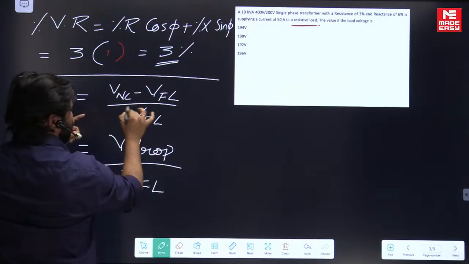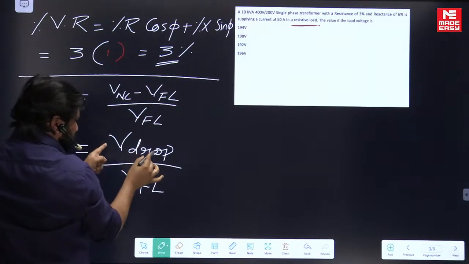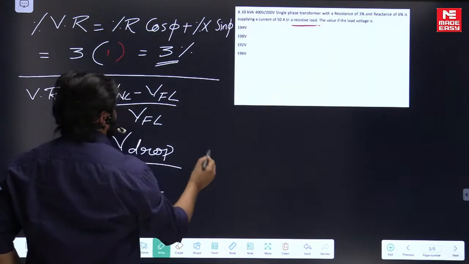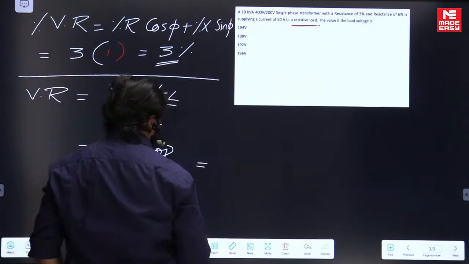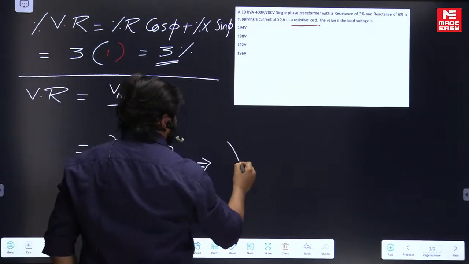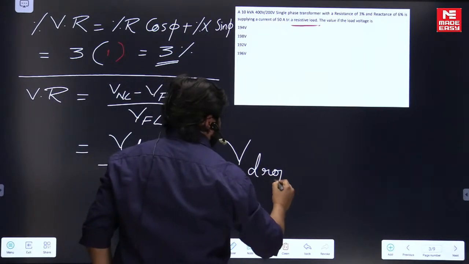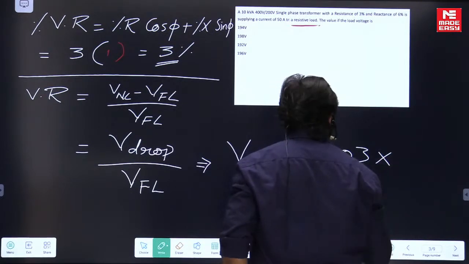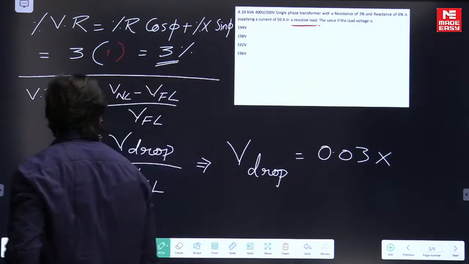No load voltage minus full load voltage is the voltage drop. So voltage drop by V rating is taken as voltage regulation. So this is equal to 3%, it is given, means 0.03. So voltage drop is 0.03 into V rating.